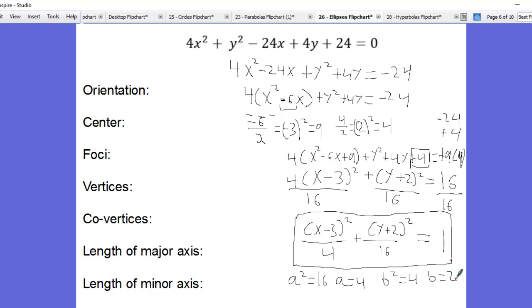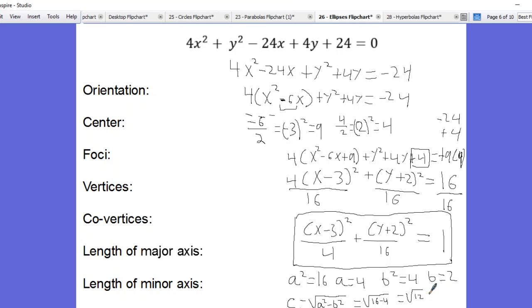And c is equal to the square root of a squared minus b squared. So c is equal to the square root of 16 minus 4. So it's equal to the square root of 12.